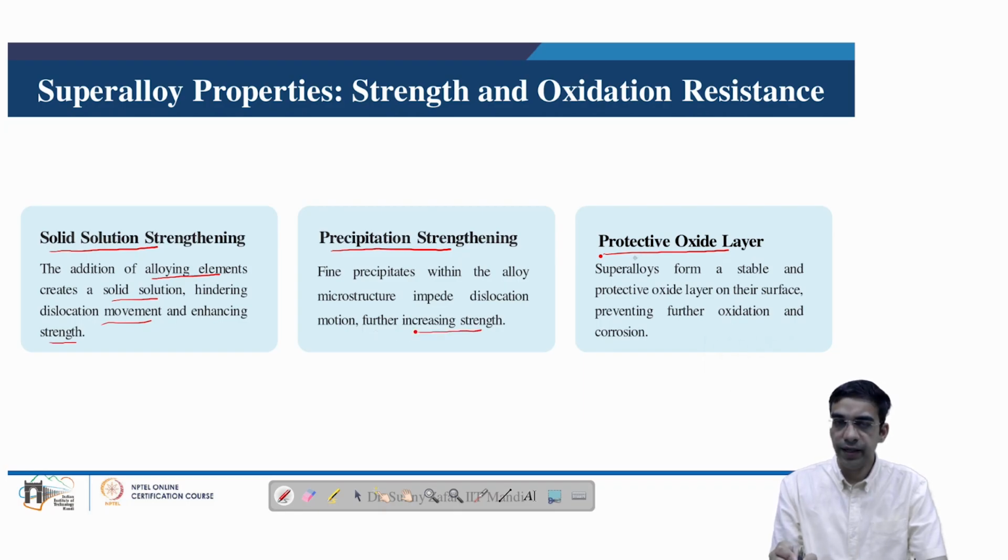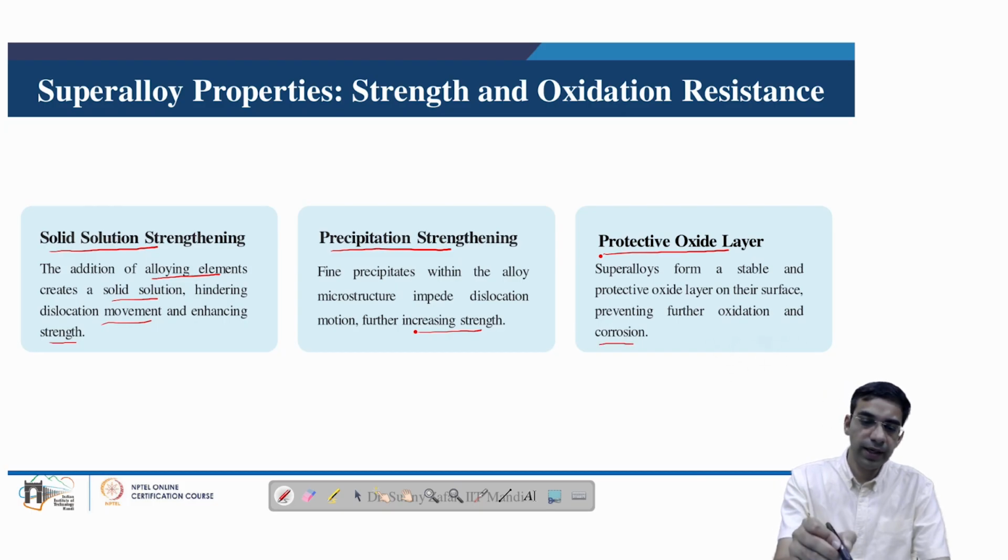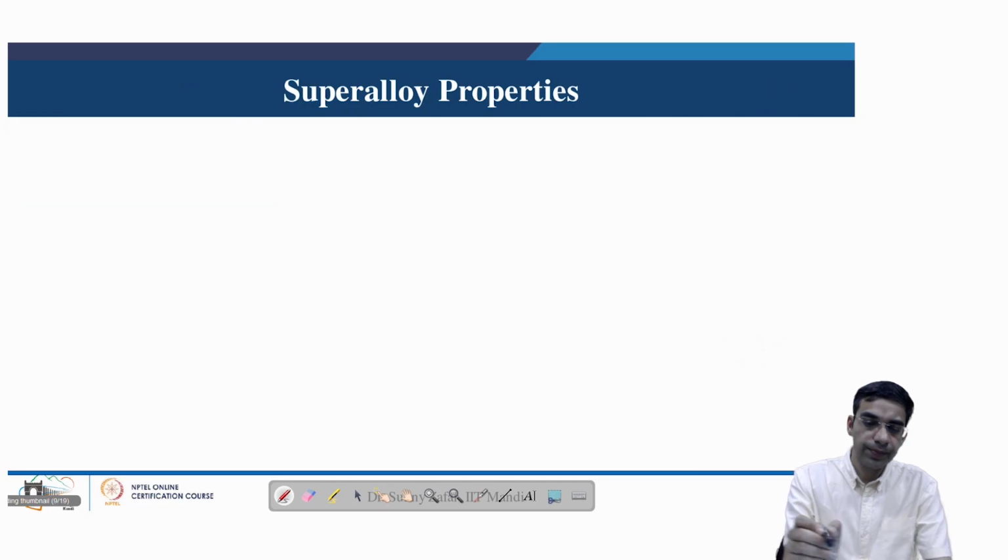And then we have certain elements added in the superalloy which are very favorable to form oxide layers, and such oxide layers render a stable surface which prevents further oxidation and corrosion. We will understand one of the mechanisms in detail now.